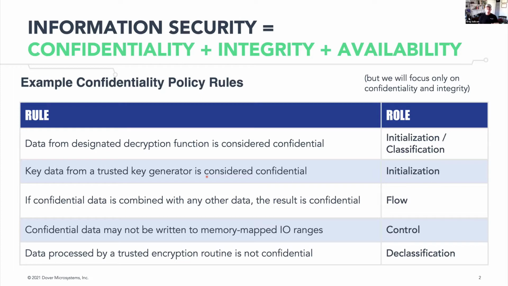But we take a much more fine-grained approach, applying confidentiality and integrity-based metadata to each word in the system, and then flowing that metadata along with the values as they flow, potentially through many different compartments.